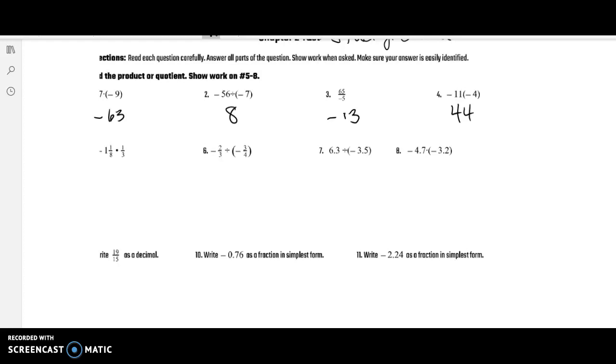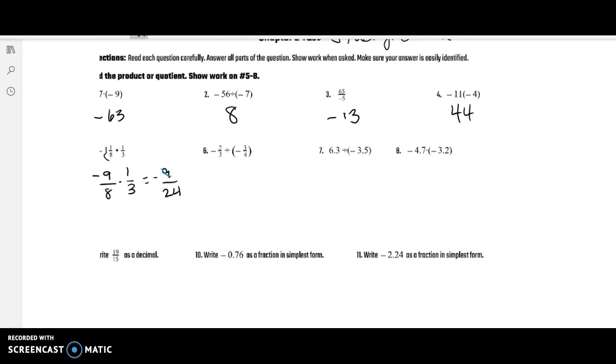We have to change this into an improper fraction, so 8 times 1 is 8, plus 1 is 9, so we have negative 9 over 8 times 1/3. It's different signs, so our answer is going to be negative. 9 times 1 is 9. 8 times 3 is 24.